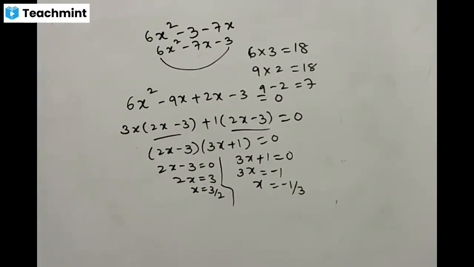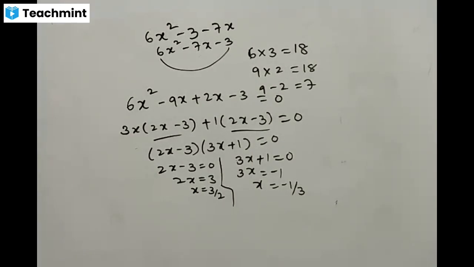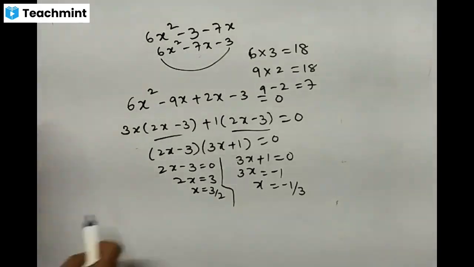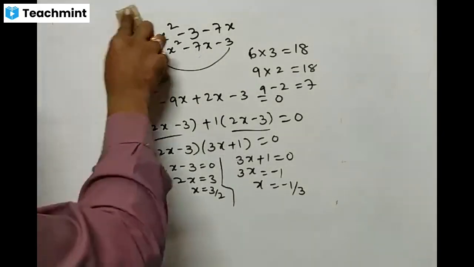Sir, sum of zeros 7 by 6, sir. Okay. Sum of zeros is 7 by 6. Yes, sir. Product of zeros minus 1 by 2, sir.